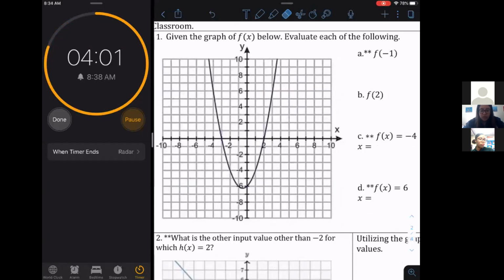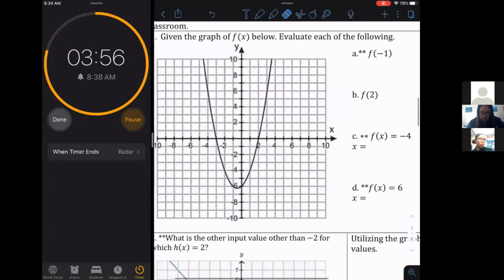Again, if you want to use my screen, I've zoomed into the graph and you should still be able to see all of the questions. So go ahead and jump in there.